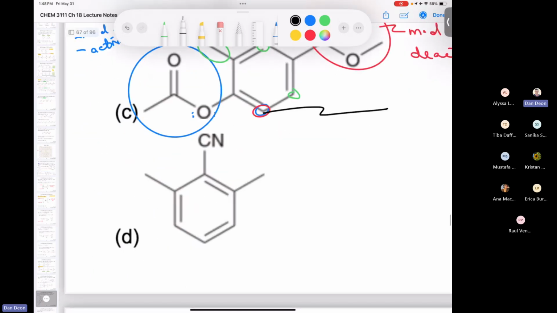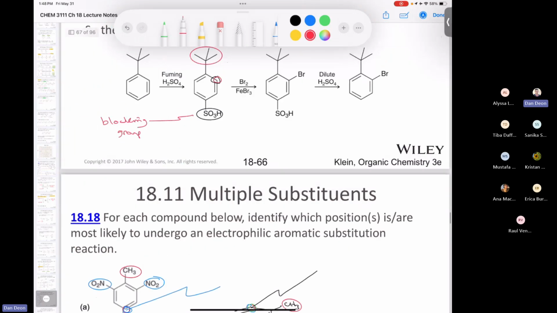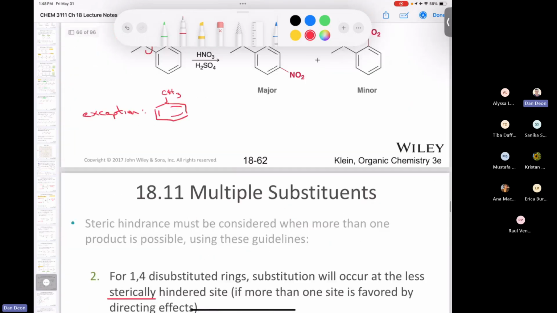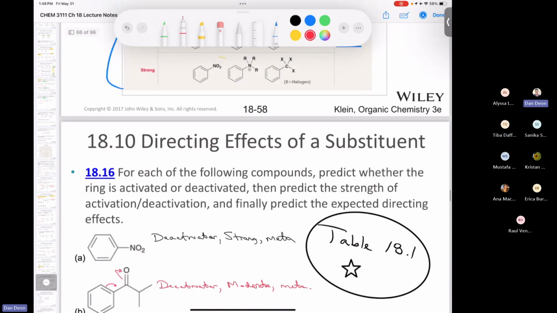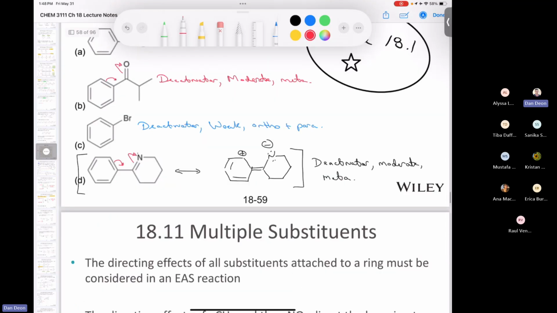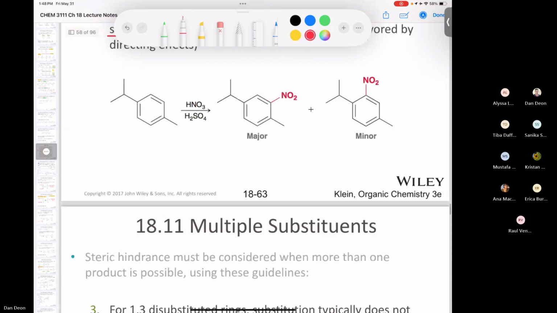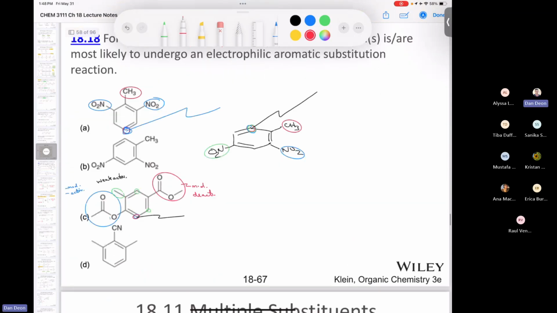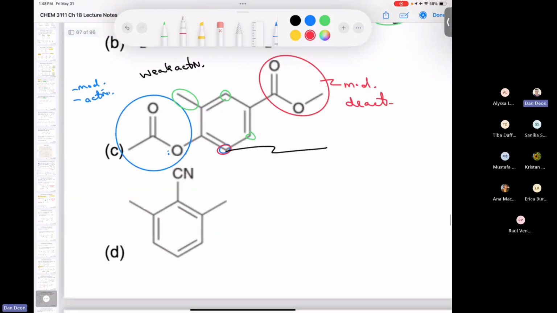Okay, let's try one more. You should remember that a nitrile, if you go back to the table, you can find the nitrile is right here. It's a moderate deactivator, so it's going to be a meta director. So let's go back to our problem. Here we go. Let's zoom in, and this is going to be a moderate deactivator.